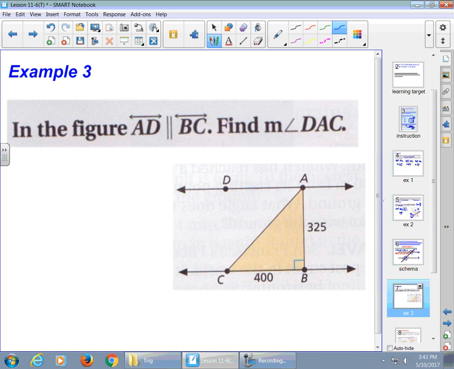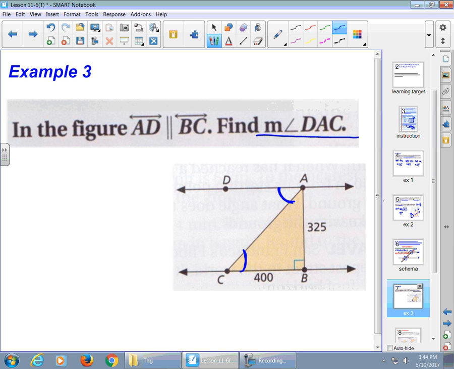So AD is parallel to BC. Find the measure of DAC. So I want to find the measure of this angle. Now, this looks like it could kind of be a problem because that's not an angle in the triangle. And when we work with trig ratios, we work with triangles. Well, because of what I just showed you before, I know that DAC is actually congruent to ACB, which is inside the triangle.